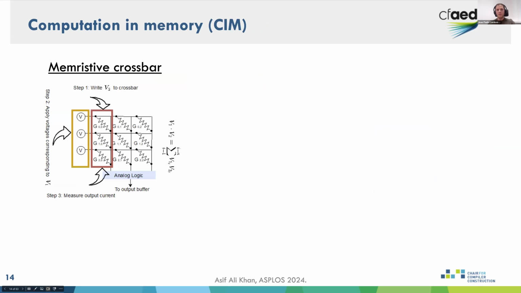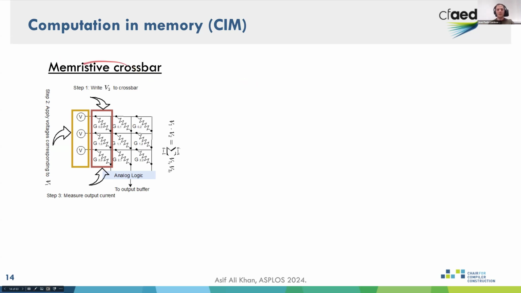The other type, compute in memory, which is the one that we are more interested in here in this webinar, or most of the webinars have been digging into this paradigm, is based on the interaction between cells.